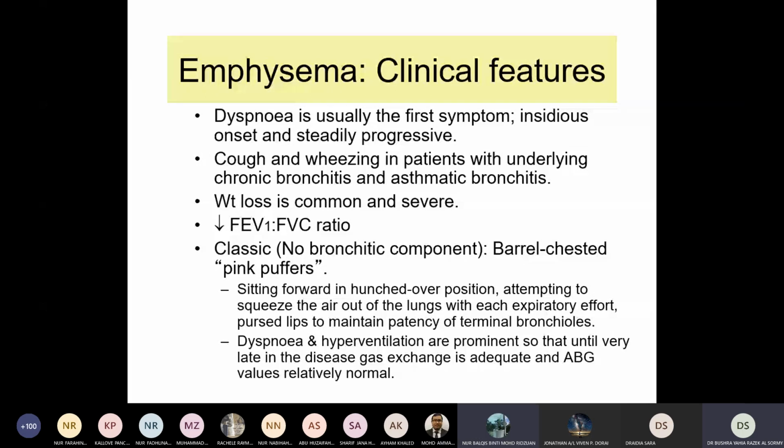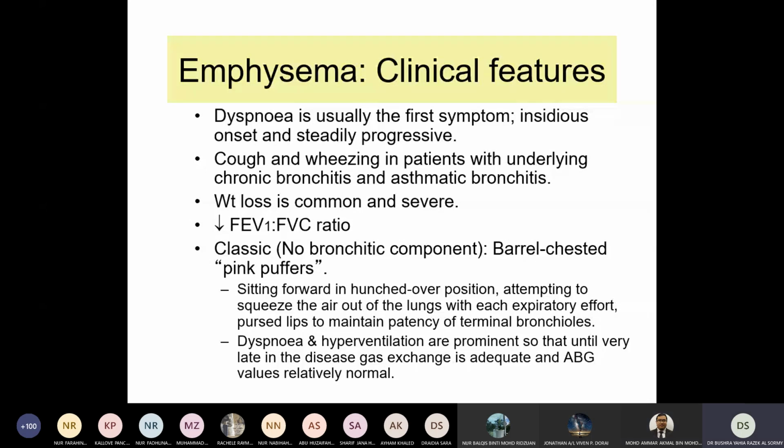Doctor, in this case the patient is less hypoxic, not so hypoxic like in chronic bronchitis, less hypoxemia compared to the blue bloater. So we call this pink puffer. Yes. So do pink puffers still have bronchitis, is it?